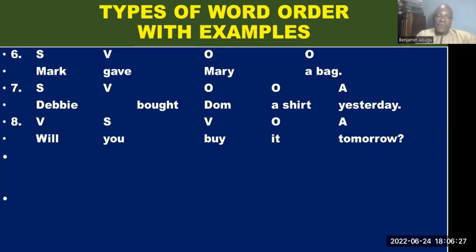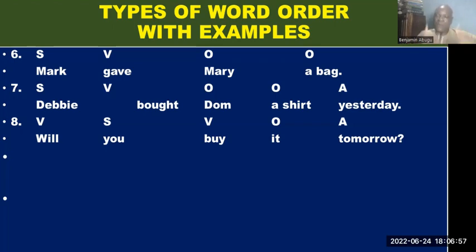Now, the last but not the least in this lesson is the type number 8, which is VSVOA. Will you buy it tomorrow? So V stands for verb. So this actually is an exception to the basic rule, because here the verb begins the sentence, and that is what happens when you want to ask a question.